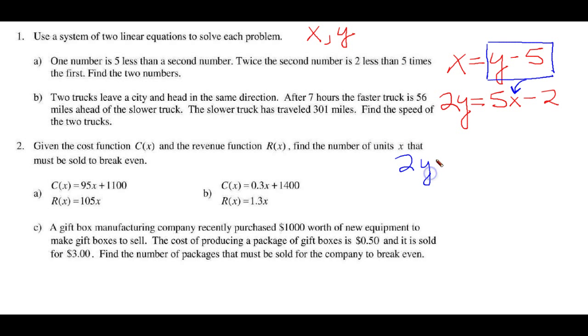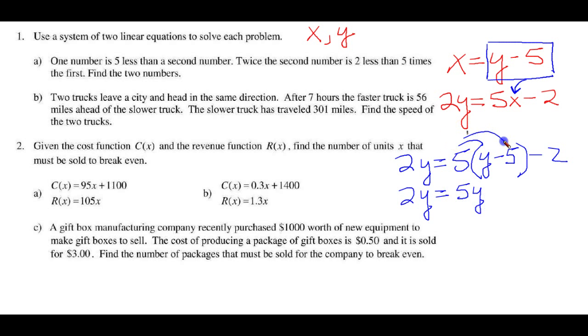So we rewrite it. 2y equals 5. Now our value for X is y minus 5, minus 2. So we remove parentheses, 2y. This is going to be 5y minus 25 minus 2.